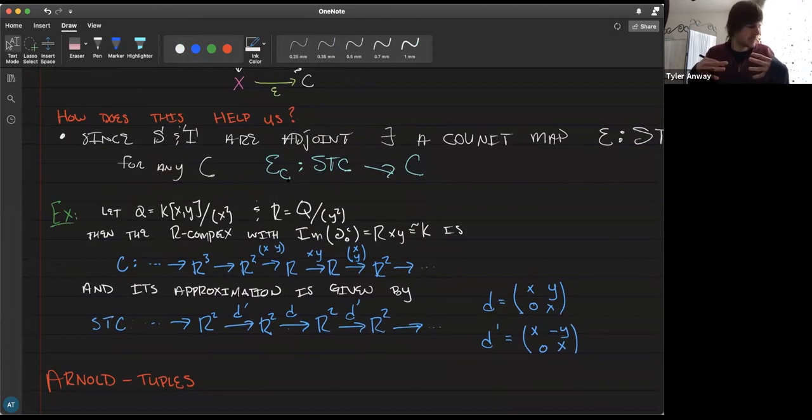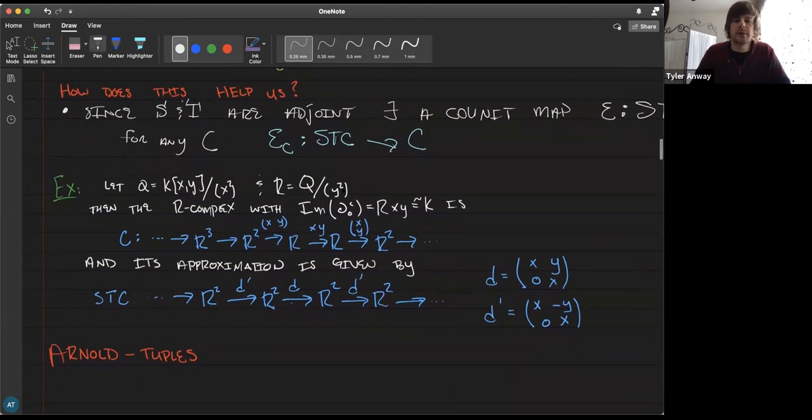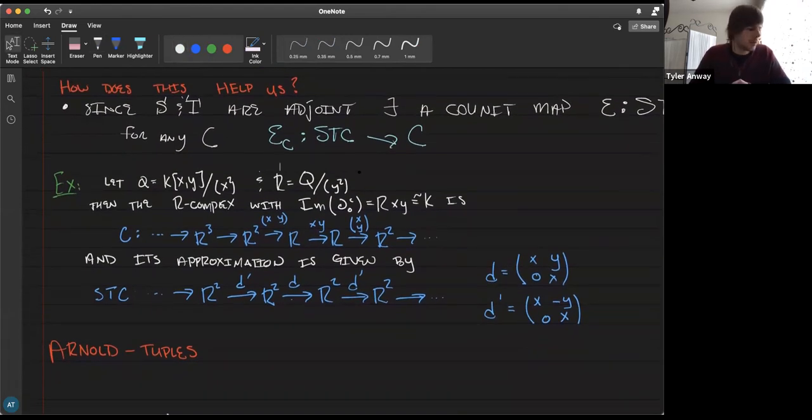Okay, so that's how we get them, but why are they important? What do they allow us to do? I think this next example should really illustrate how we can approximate by a much more simple complex.